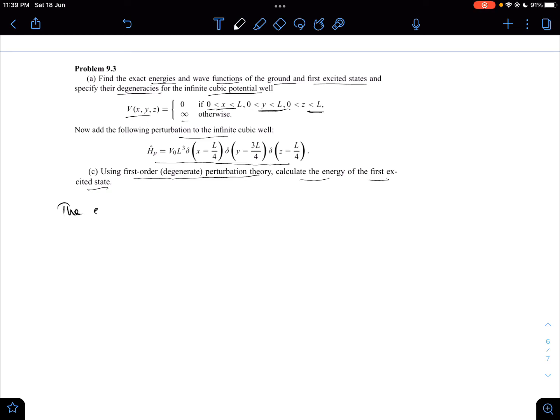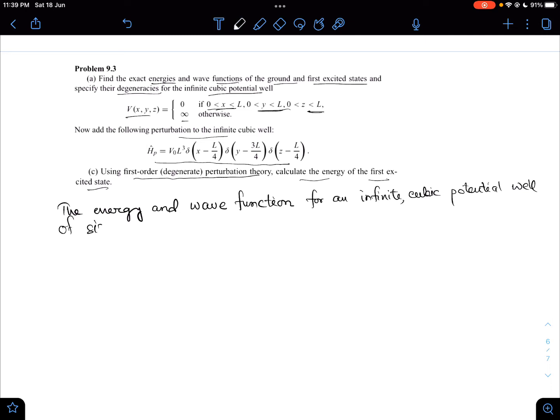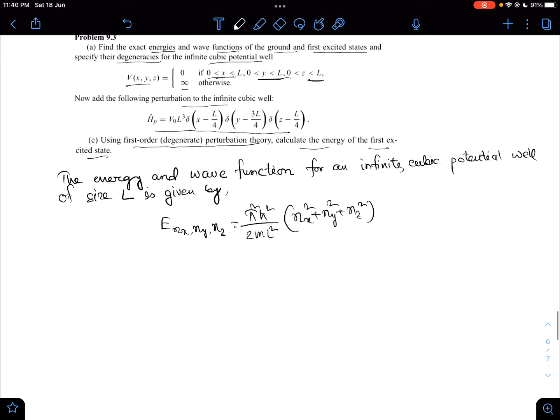So basically we have three quantum numbers here since it is cubic, nx, ny, nz, and the energy value is given by pi square h cut square over 2m L square, times nx square plus ny square plus nz square. And what is the wave function corresponding to that?